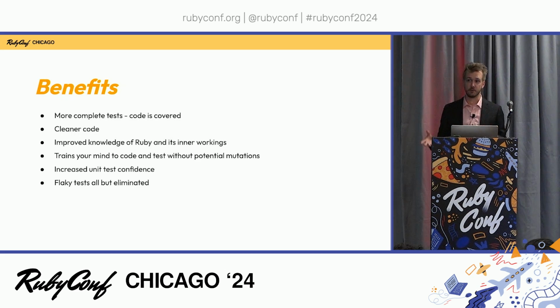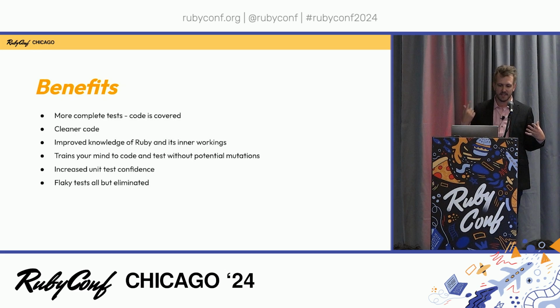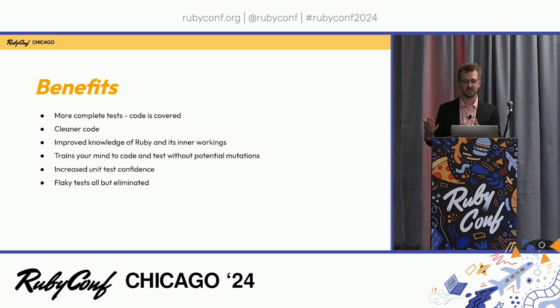You know that your tests are covering everything that your code is doing. And really, flaky tests are all but eliminated. It's pretty hard to write a flaky test because mutation testing is doing a lot of different mutations onto each method and running that code through all your test cases. And so if you have a flaky test, it's really going to be caught by mutation testing almost certainly.